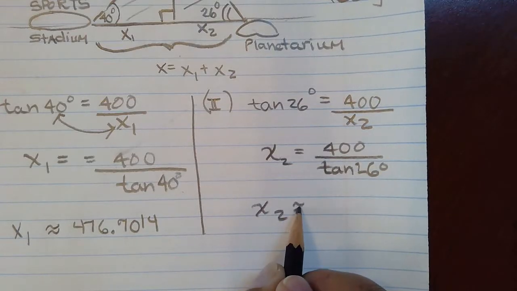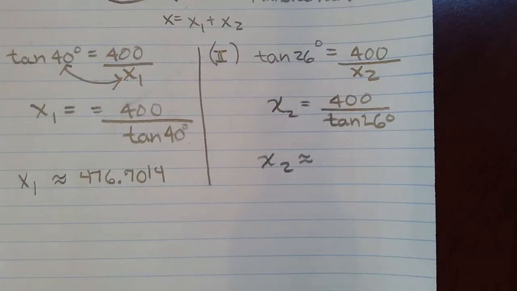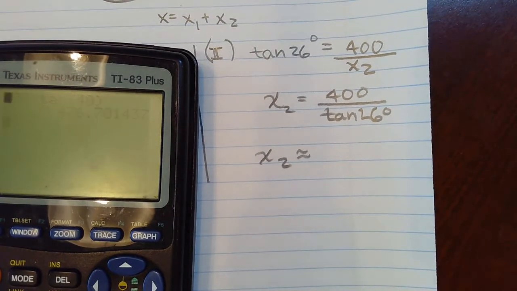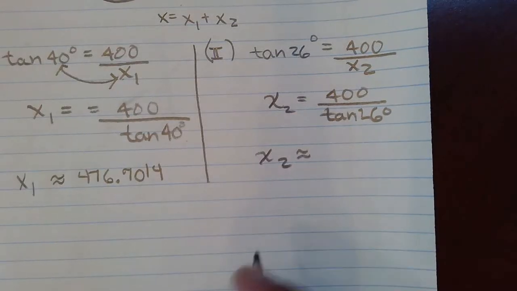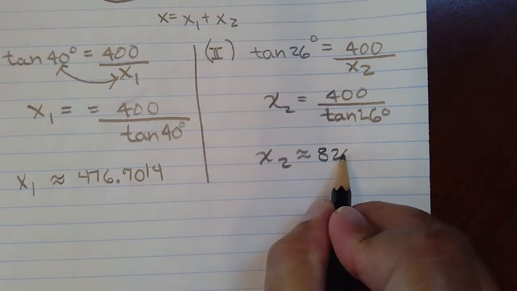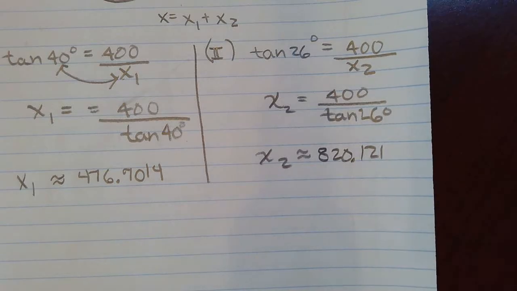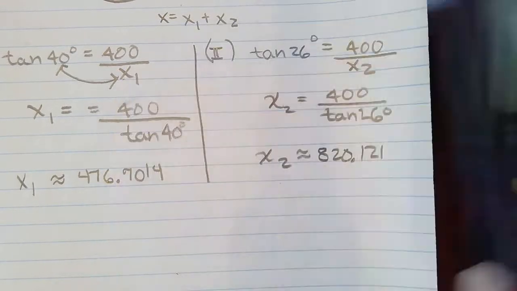So x sub 2 equals 400 divided by tan of 26. Put that in the calculator. Again, I'm going to hold that out to the 4th decimal place. So that would be 820.1215.